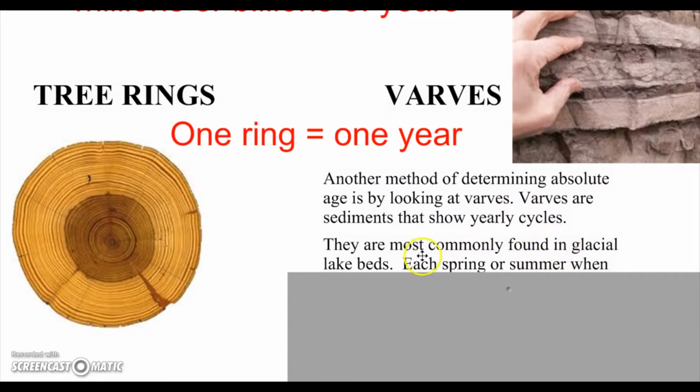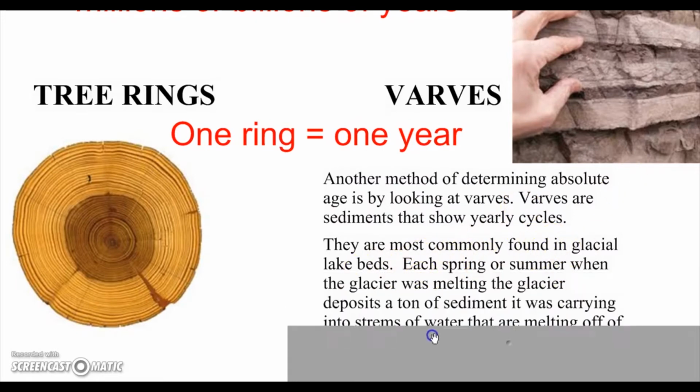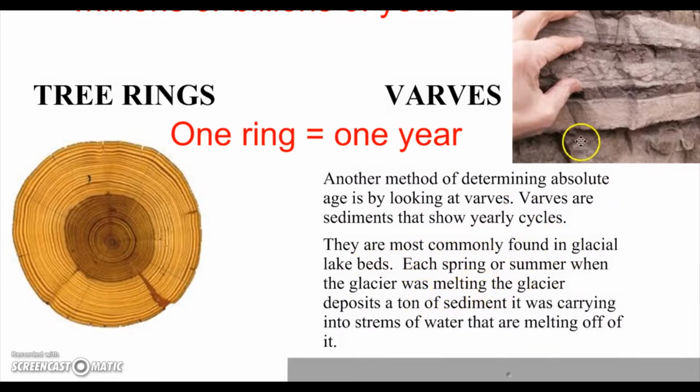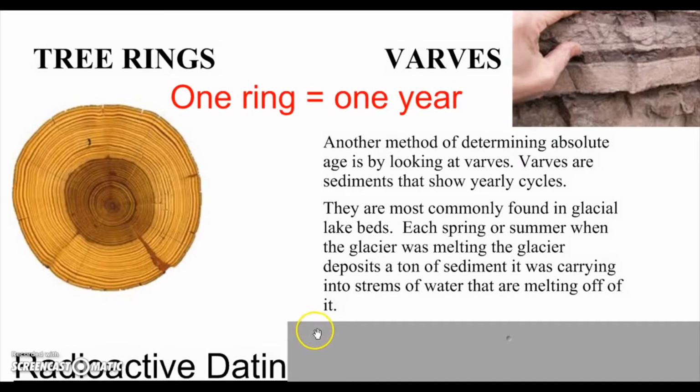They're commonly found in glacier lake beds. Each spring or summer when the glacier is melting, it's depositing just a ton of sediment in the streams. And you can tell the difference right here. So sometimes rocks will have layers to them, just like tree rings, and you just have to count them up. That's relatively rare, however.